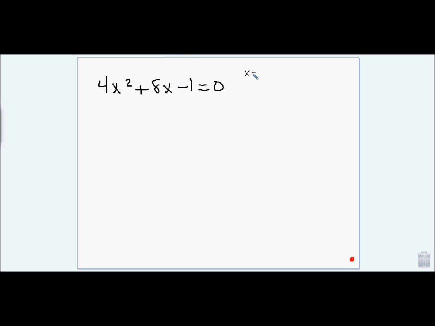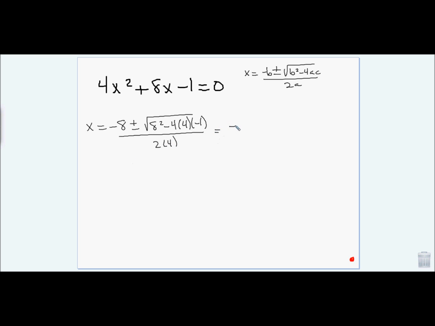Last example. Okay, so A, B, C, so I have x is equal to negative 8, this time just negative 8, plus or minus the square root of 8 squared minus 4 times negative 1 over 2 times 4.